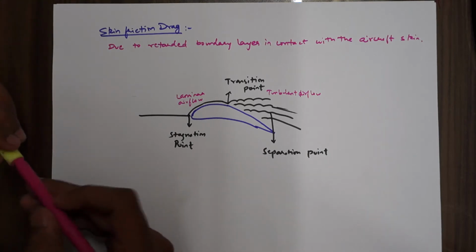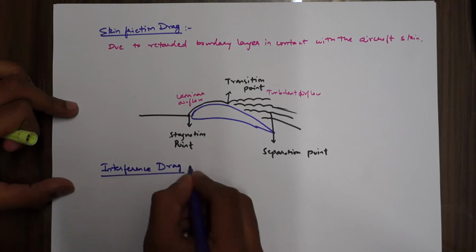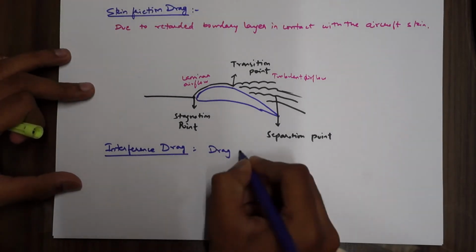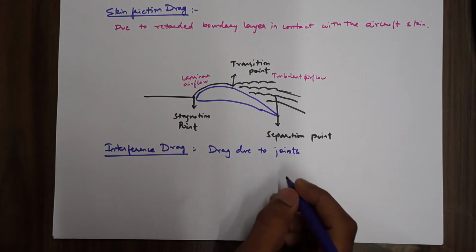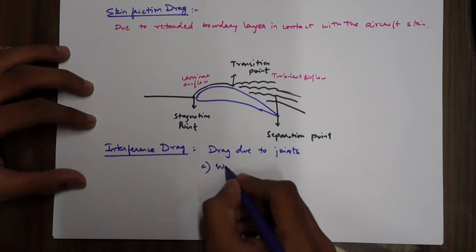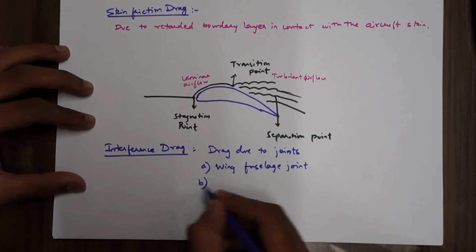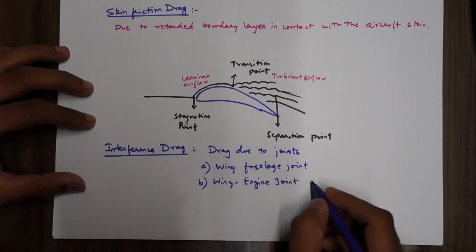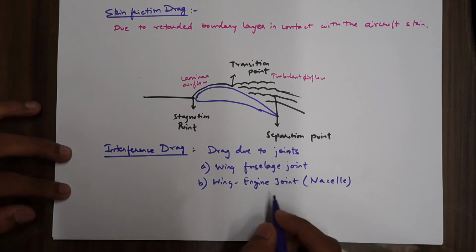Now there's something called interference drag. Interference drag is the drag due to the joints. Joints as in where the wing root joins the fuselage, etc. Examples are the wing-fuselage joint, that is the root of the wing joining the fuselage, and then the wing-engine joint, where the engine is mounted on the wing, which is called the nacelle.